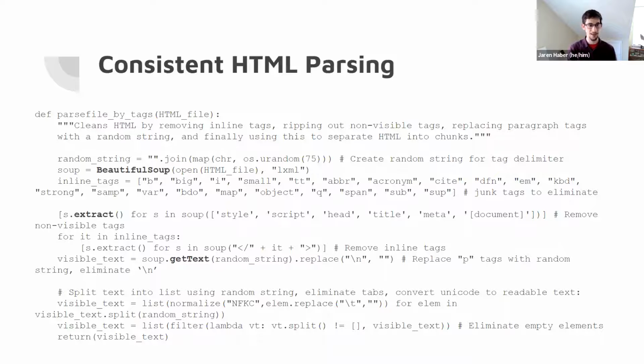And here's how I did it. This is not perfect, I've since improved on it, but the key element is: here's an HTML file, parse it in Beautiful Soup, extract everything that's got a junk tag, and then get the text. That's basically the heart of it. If you're not familiar with Beautiful Soup or what tags are, don't worry about it, we'll get to that. But that's the magic right there. I use that in all of these approaches.